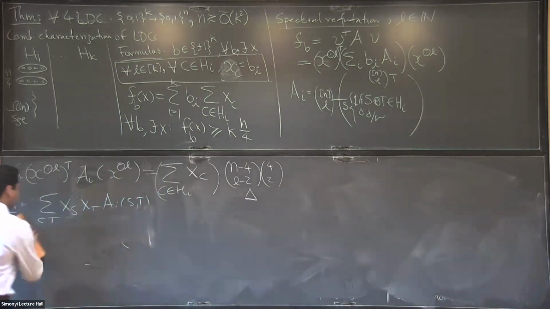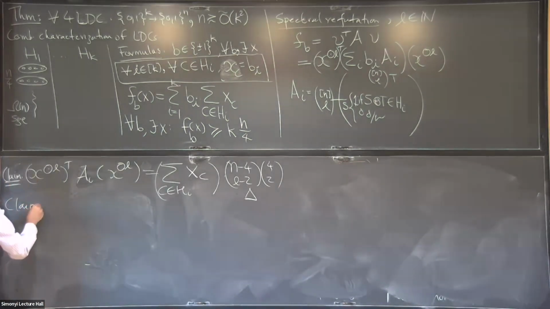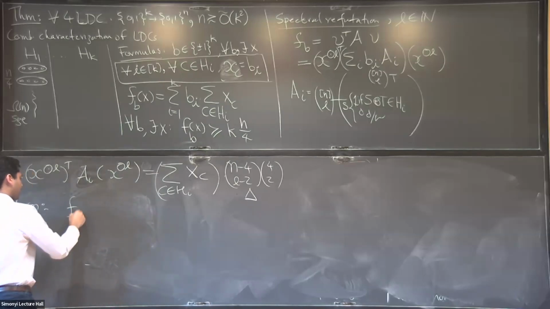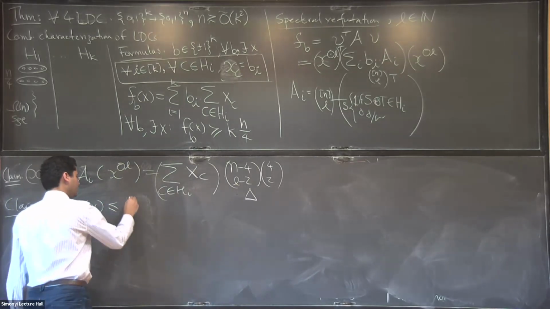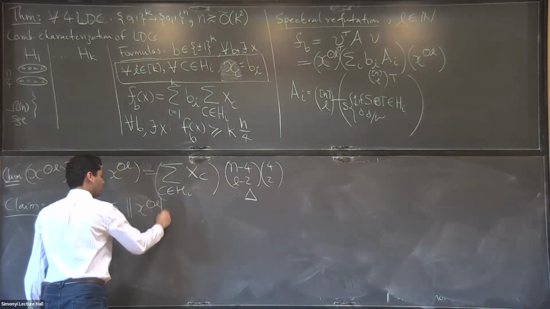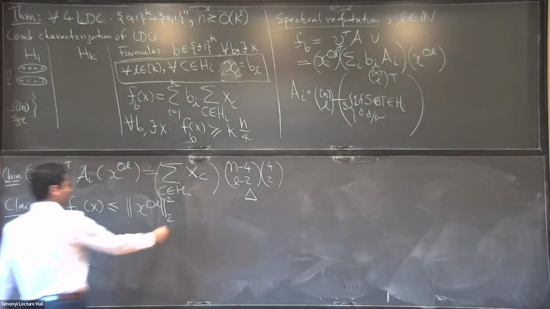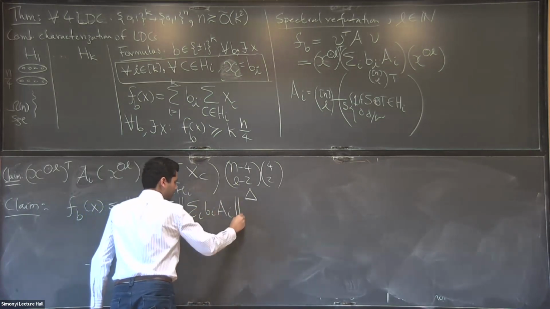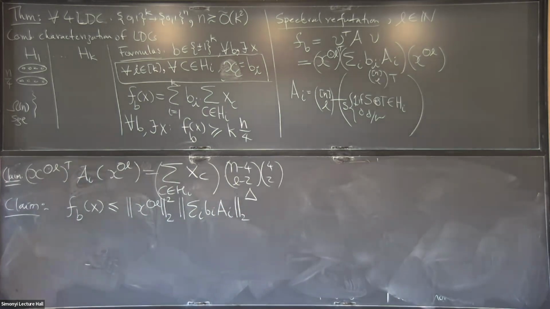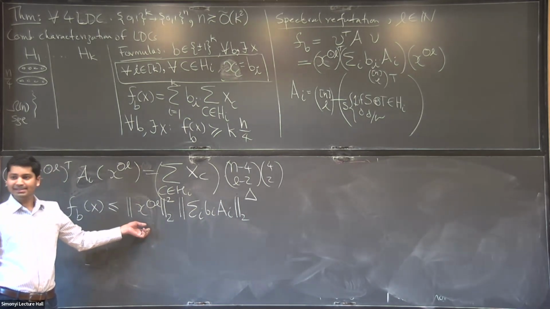I'm going to erase this and observe that for any B, F_B of X is clearly at most the L2 squared norm of the vector X circle L times the spectral norm, or operator norm, of the matrix I'm taking it on. Does this also make sense? Good. So what's the L2 squared norm of X circle L?